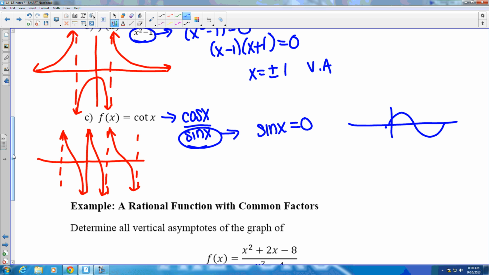So every pi, you're going to have a 0. So for the cotangent function, you're going to have vertical asymptotes every n pi, where n is an integer.